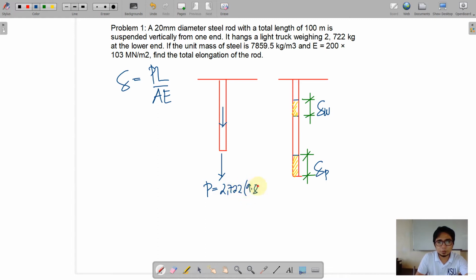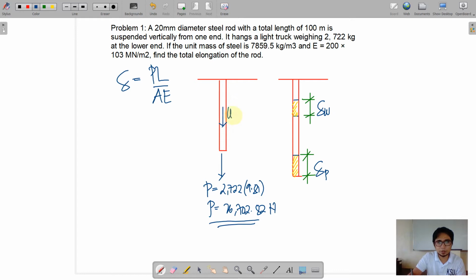Of course, we need to multiply that by the acceleration due to gravity to make it on the force unit. So we'll be having a value of 26,702.82 newtons.